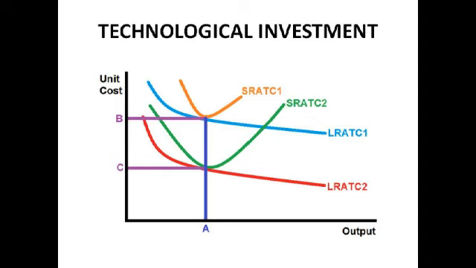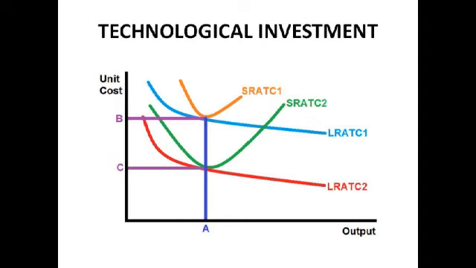And right here we can see the impact in a diagram of technological investment. So let's say a firm is operating on the LRATC 1, so the long run average total cost 1, and it's producing at the point where it hits the short run average total cost curve 1, and then suddenly it invests in some new technology and it cuts costs. This new technology does quite a lot.